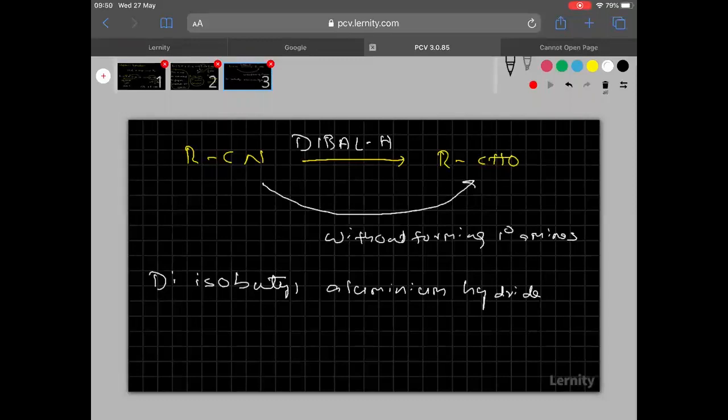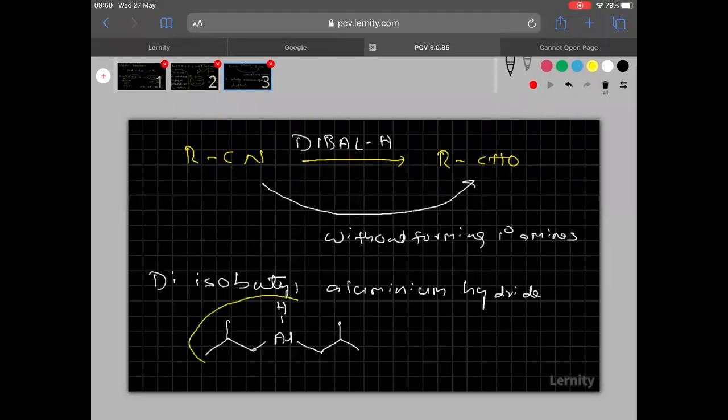Let us see its structure also now. See clearly, everyone.